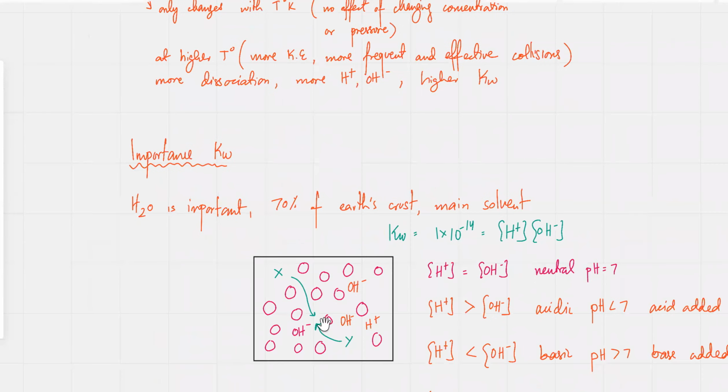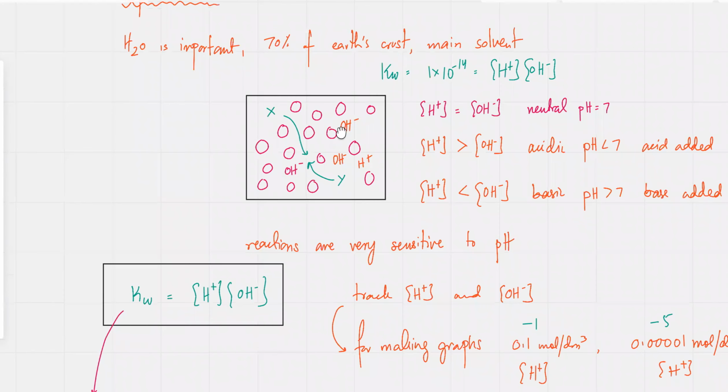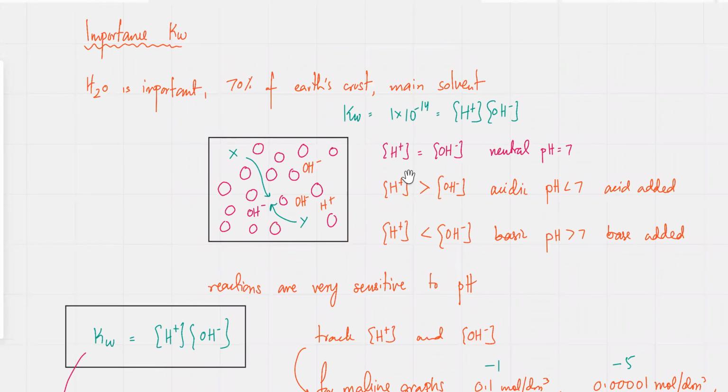Now, we talked about the importance of Kw. I told you that everything is happening in water on planet Earth. So either the concentration of H plus 1 and OH ions is the same, or we studied that if you add an acid, the concentration of H plus 1 increases, and the concentration of OH ions decreases.